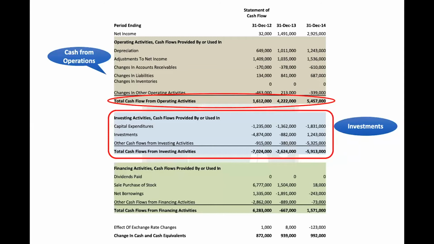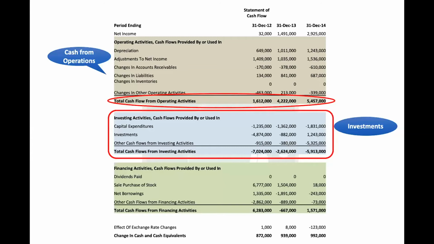Now, $1.2 billion was used towards CapEx. They took 4.8 billion and put into short-term investments. If we took out those short-term investments, as you can see, the corporation basically spent a little more in terms of investment activity than they generated from operations.